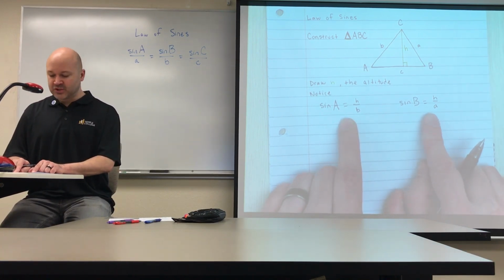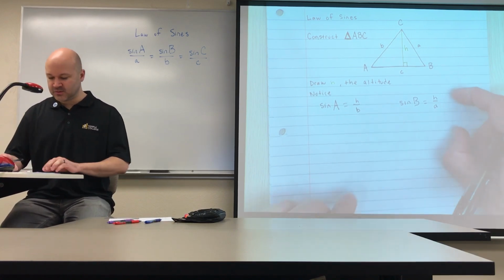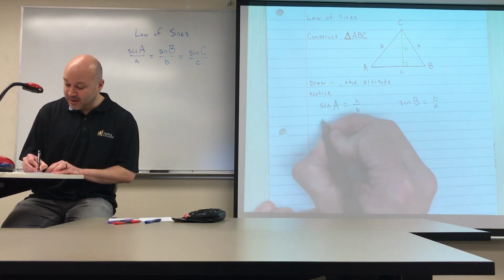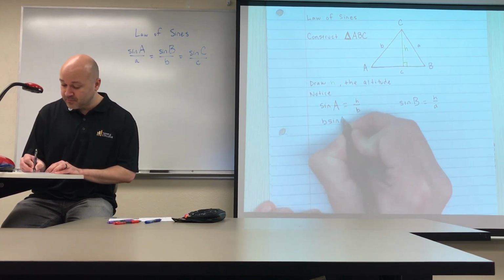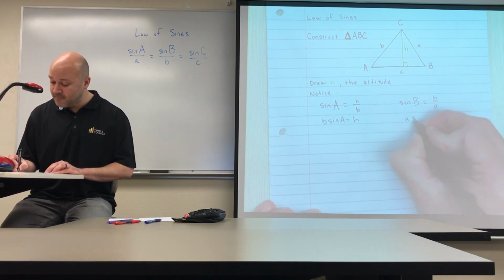Now, both of these equations use that altitude. So I would like to solve both equations for h. I'll simply multiply both sides by b, and over here, I'll multiply both sides by little a.